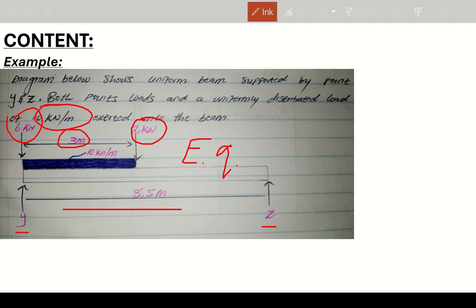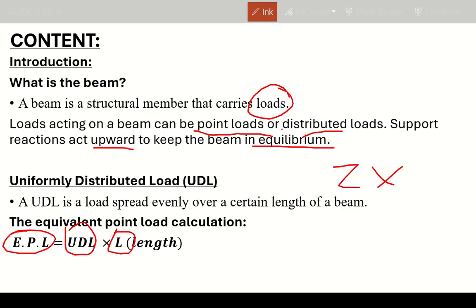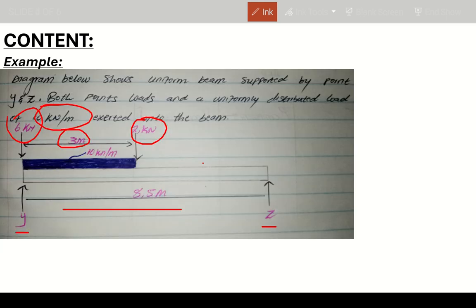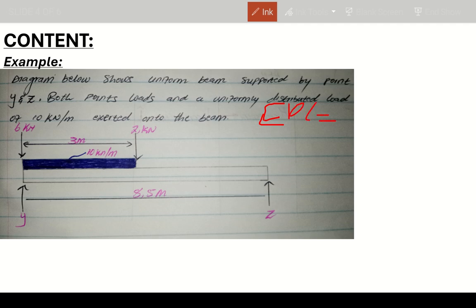The UDL is 10 times the length of the UDL, which is 3.